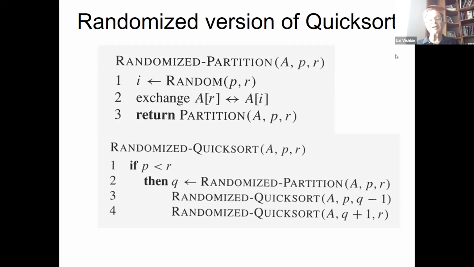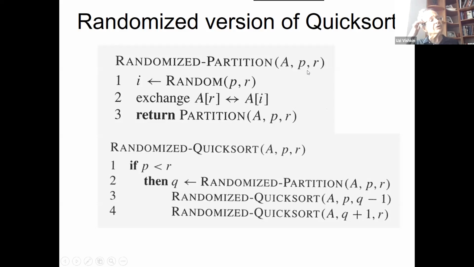So what will be the basic idea here? As you remember, the key routine in quicksort is what's called partition. And what's going on in partition? We look at a subarray.